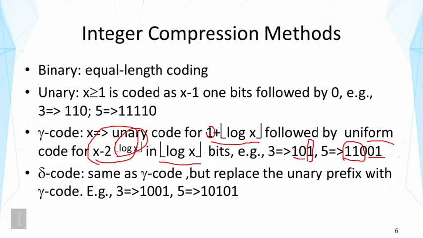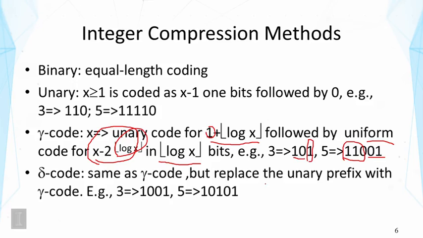So how can you decode such a code? Well, you again first do unary decoding. Once you hit 0, you know you have got the unary code. And this also will tell you how many bits you have to read further to decode the uniform code. So this is how you can decode a gamma code.